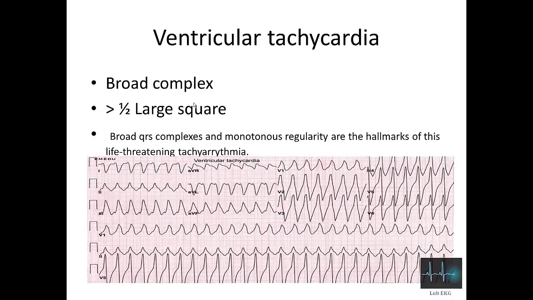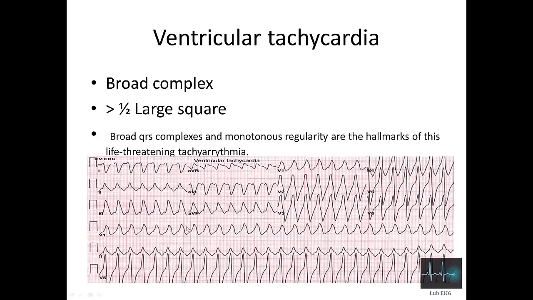Okay, ventricular tachycardia. Again, applying the golden rule, as we see on these QRS complexes, they are large, larger than a half large square. And you might think, okay, why is this not a ventricular fibrillation? Well, firstly, we haven't talked about fibrillations yet.